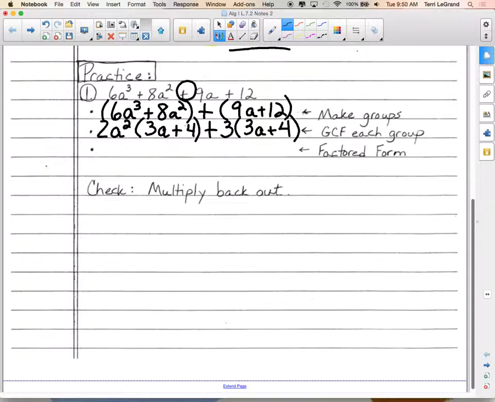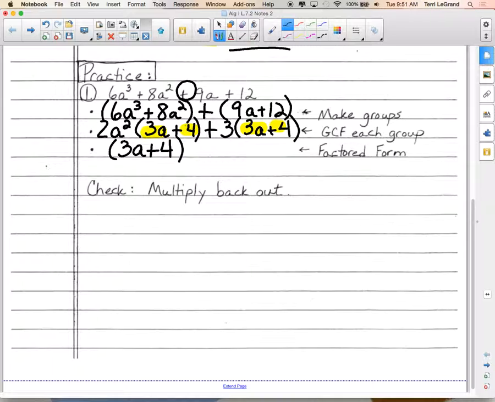The goal is that these binomial factors are exactly alike, are they? Yeah, they both are 3a plus 4, aren't they? So that means 3a plus 4 is the what? GCF of the whole works, yes. It becomes the GCF. So we have now the binomial 3a plus 4.